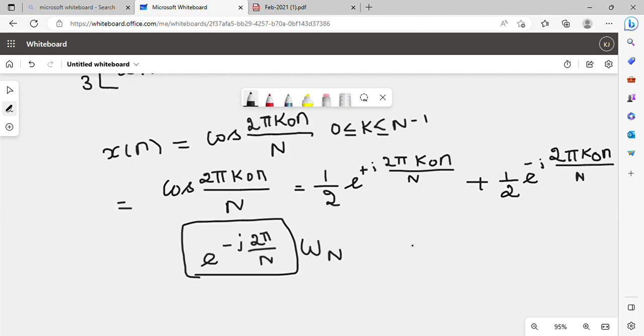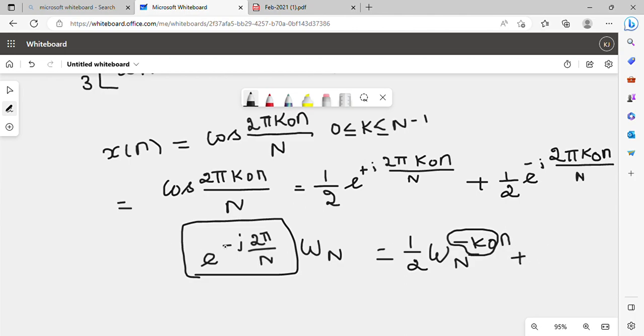So if I substitute my omega of n over here, I get half into omega n into, very first, minus k naught of n, because here it was plus j. So for plus j, my k naught will become minus k naught. For minus j, it is plus k naught only.